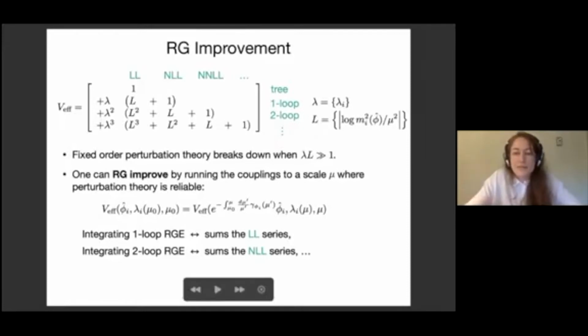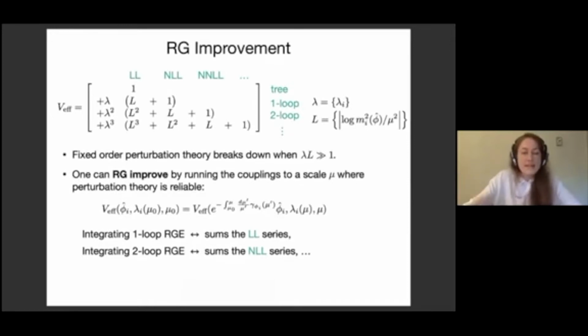So these log mass squareds over mu squared. And so if I just denote the tree level piece by a 1, then relative to tree level, the n loop pieces will have a lambda to the n, and then a series of these logs that we saw in the previous slide at one loop, where at leading log order, I have a log to the n, and then I have subleading powers of logs.